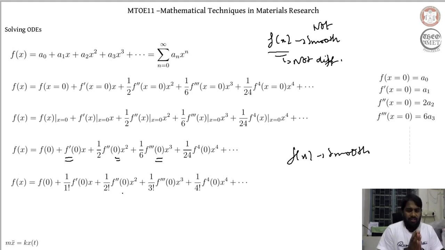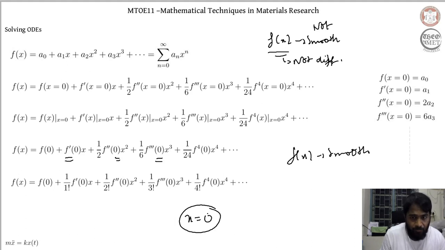Now, let us consider the significance of x being 0 with respect to the functions being smooth. What we essentially mean by the function being smooth and substituting x0 here is, not in all places, but it is vital for us to have a smooth function at the position x0. The smoothness of the function must be valid at x0, because that is where we are going to take the higher order derivatives.